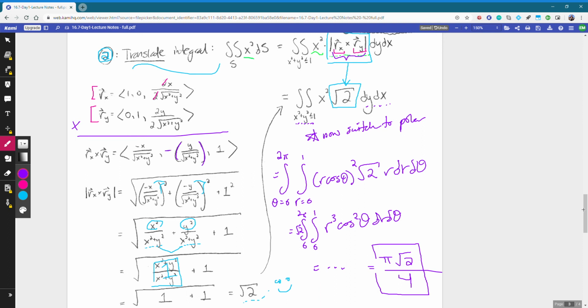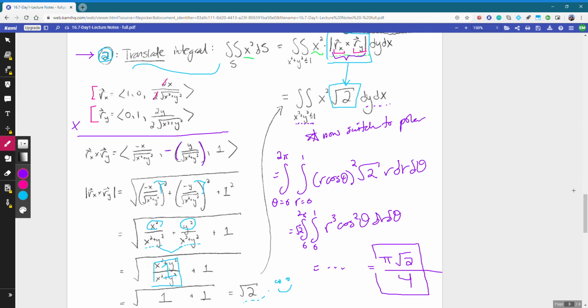In general, we'd have to come up with our parameterization, but here we were able to use our work from last time, piggyback off that, and then once we have our parameterization, we can use our translation formula and just take that as a recipe, put in the pieces where they go, and then when the dust settles, if it makes sense, we can switch to polar coordinates, and then we just have a nice, clean double integral to work through.